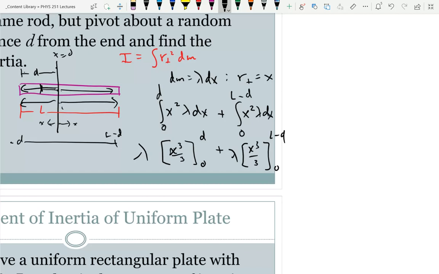Because it's X cubed, the negative would give me the same answer. So it would have worked with one integral. I just feel a lot more comfortable breaking it up into two. It feels simpler to me.